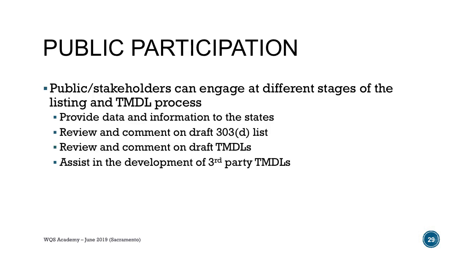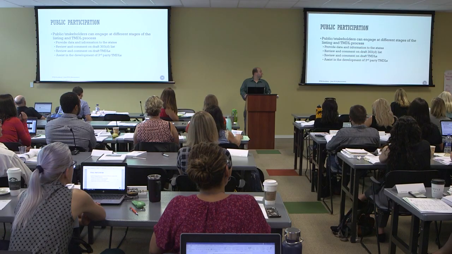Public participation is something that EPA actually reviews for. We make sure that your TMDL development process has had an opportunity for the public to participate and comment, and we even look to see if you've adequately responded to comments.